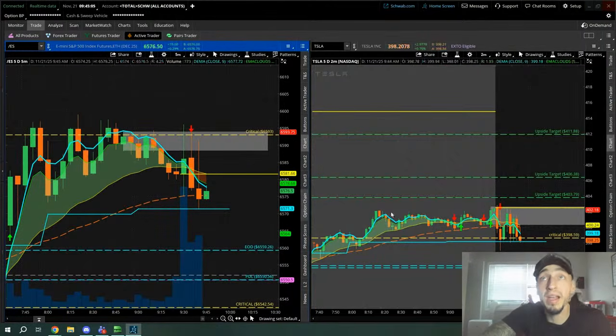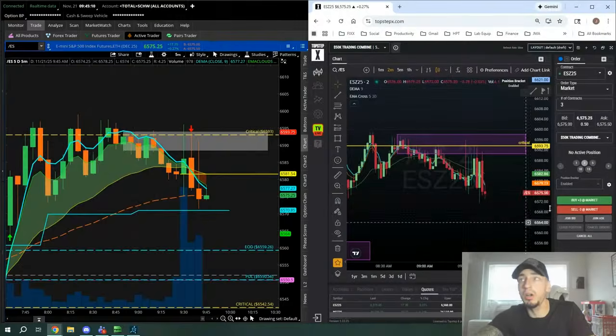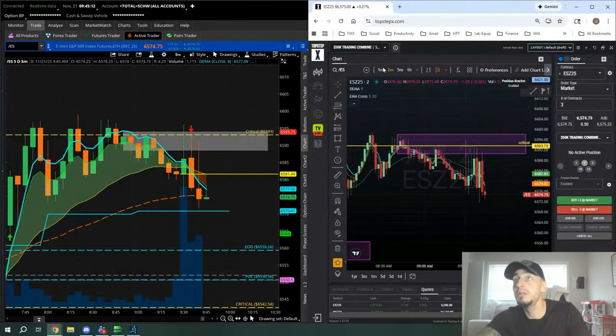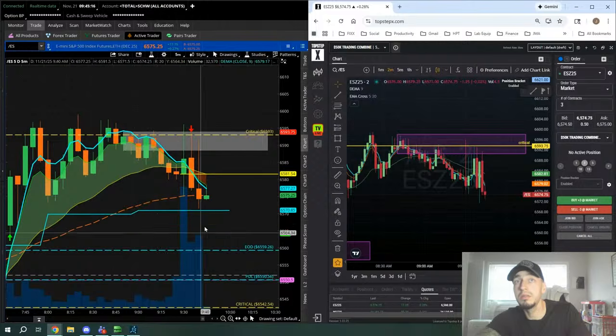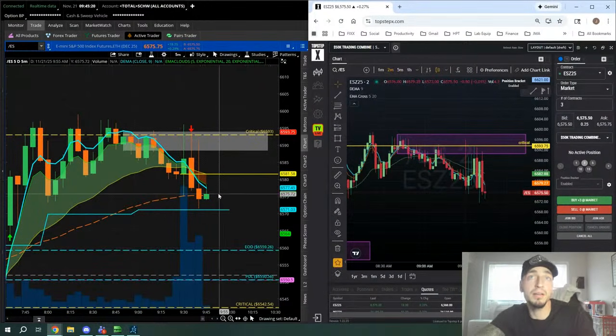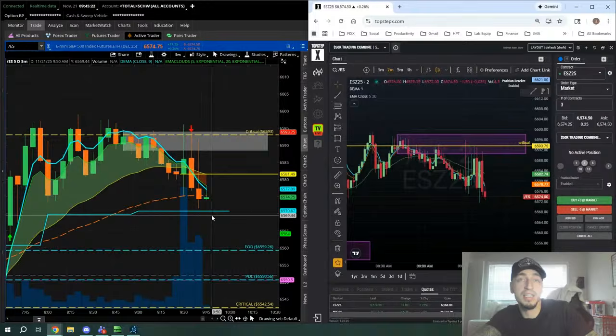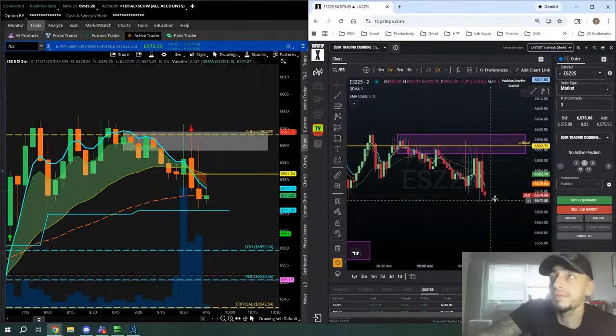Let's get a pullback here. Potential short. Might not get it. If we don't get it, so be it. Look at this candle. Closed outside the 50.